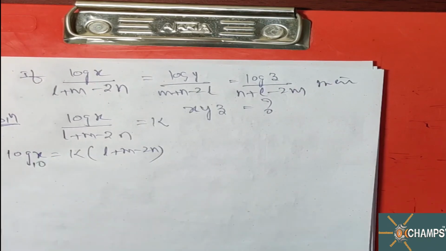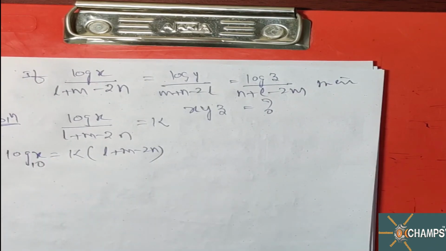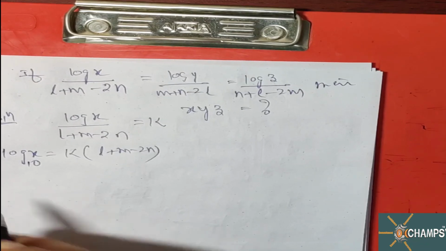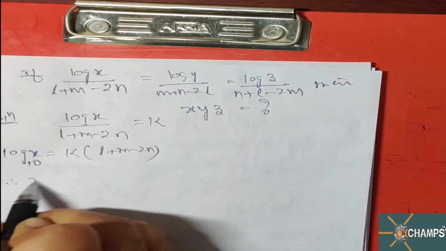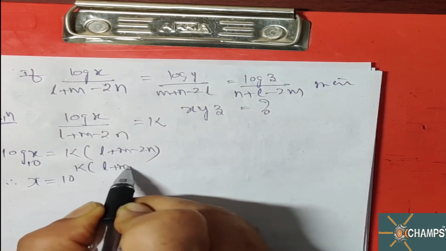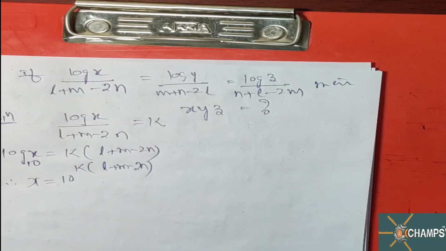In logs, when no information is given for base, then base is taken as 10. Therefore, x is equal to 10 to the power of k into l plus m minus 2n.